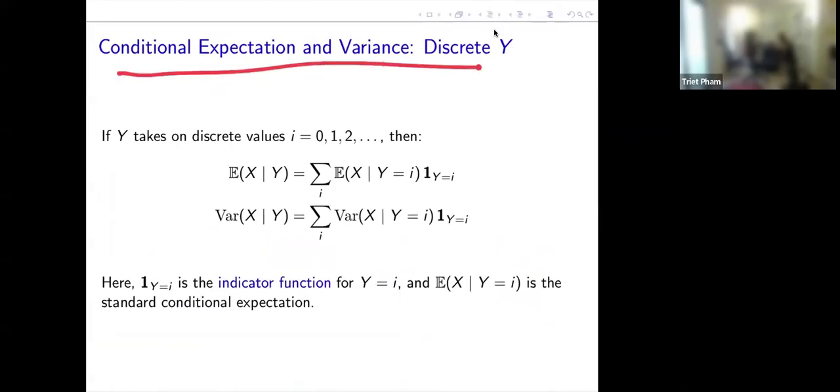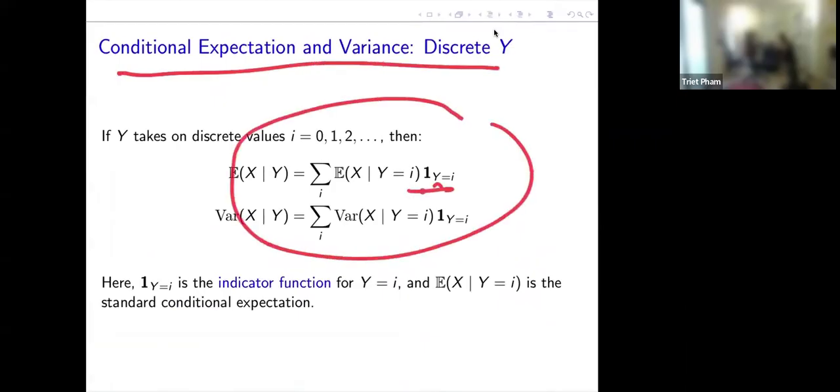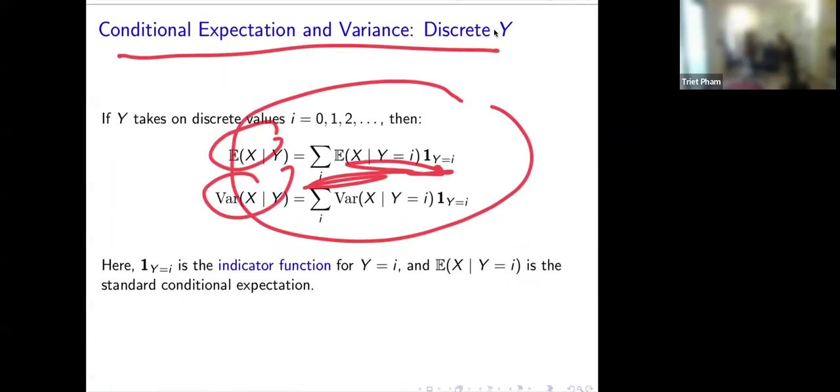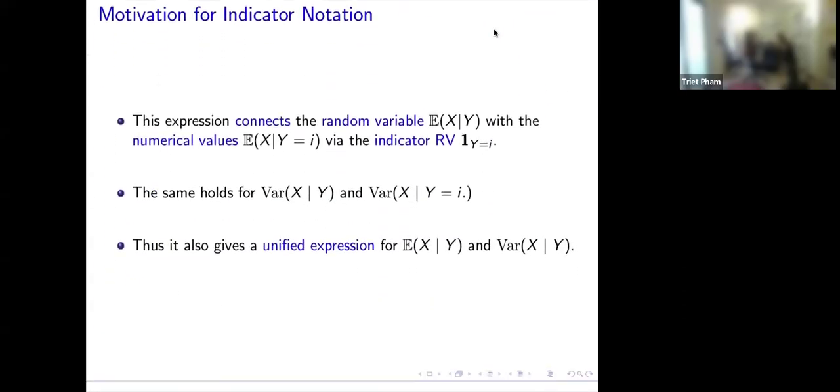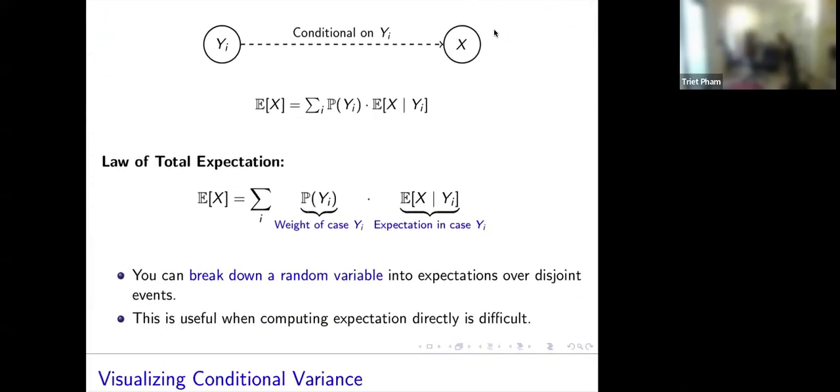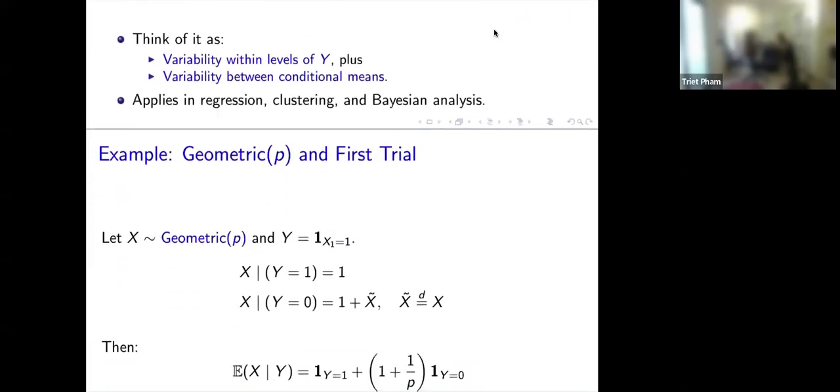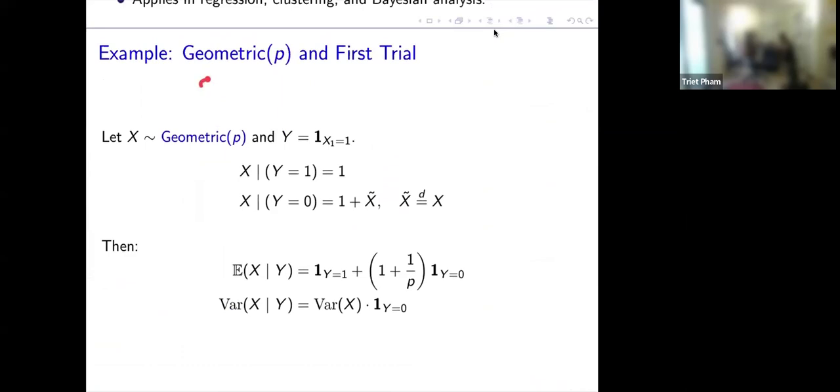There are some technicalities about conditional expectation and conditional variance that you can look into. But the example we're interested in, the classical example, is the expectation and variance of a geometric.